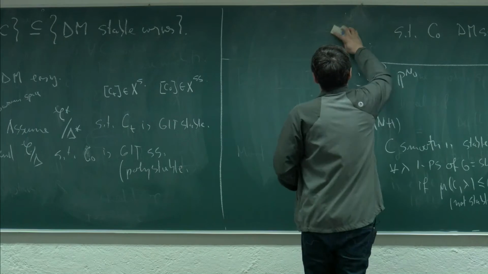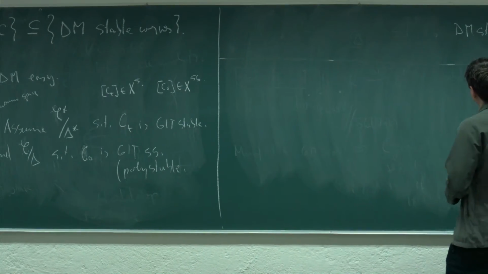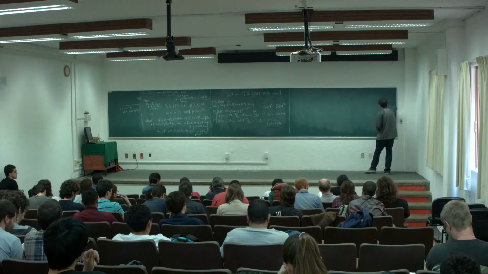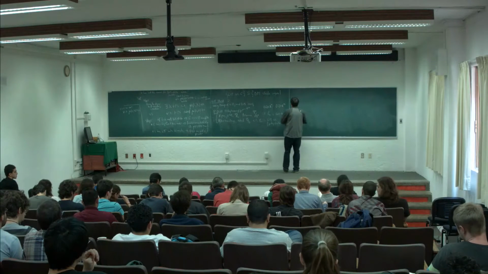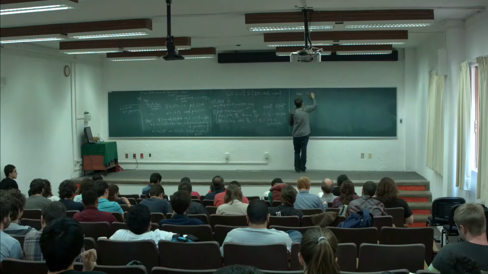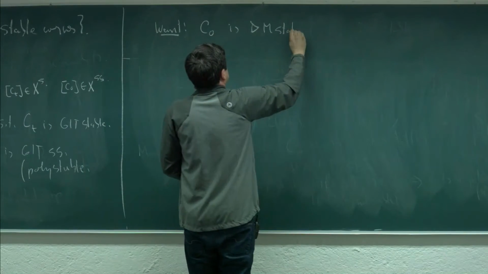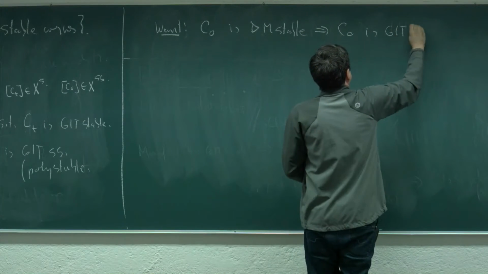So let's conclude the proof. What do I want? I want if C0 is the Lin-Mumford stable curve, then C0 is GIT semi-stable.